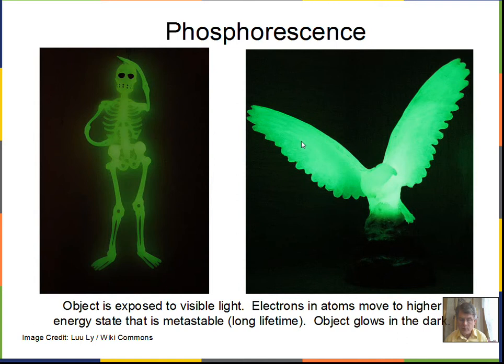So we have an electron here in the ground state, and perhaps just the right wavelength of light hits this atom and delivers this electron to a metastable state. In metastable states, the electron has a long lifetime. A different wavelength of light can bring the electron to a different state.